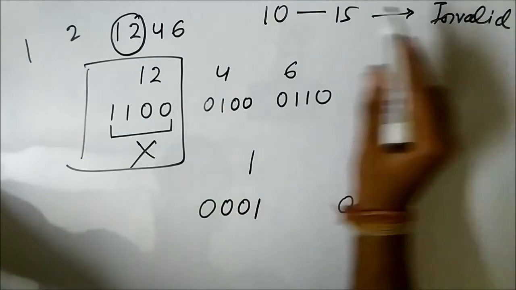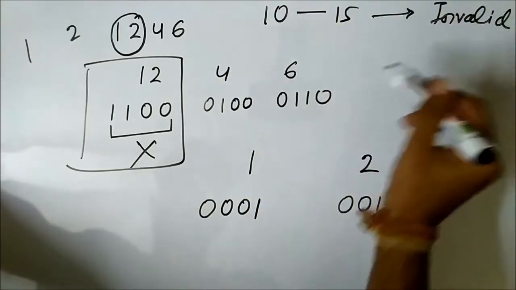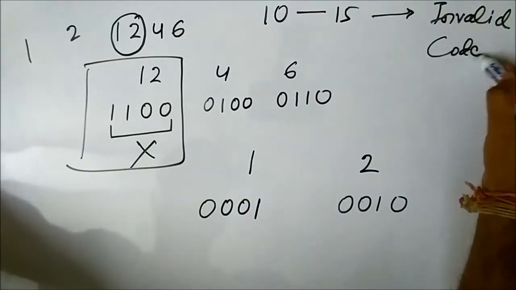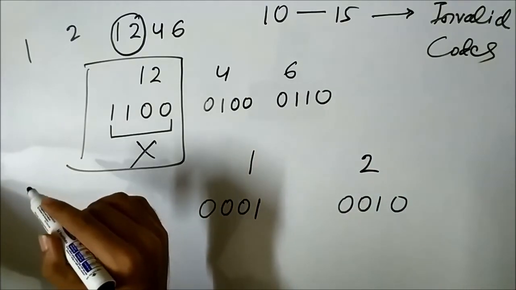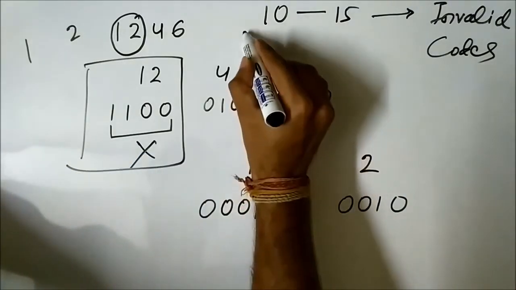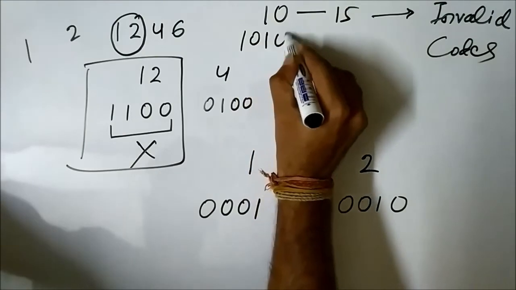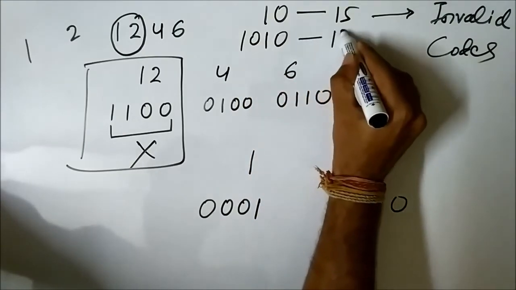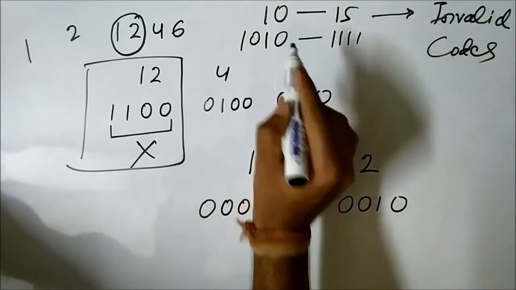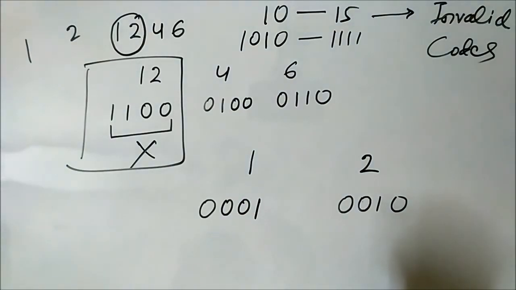The 4-bit codes from 1 0 1 0 to 1 1 1 1 are invalid codes in BCD system. So don't make this mistake.